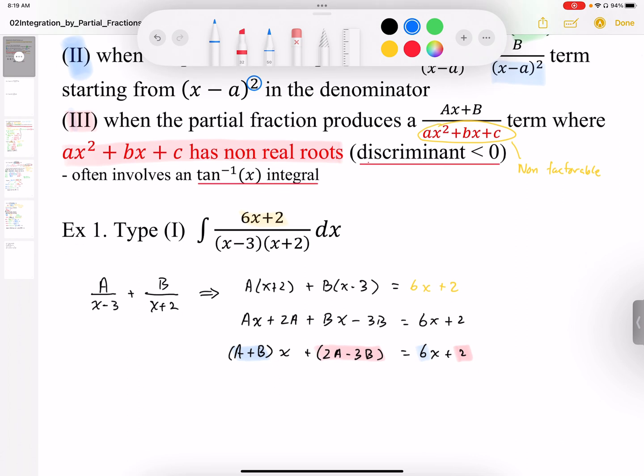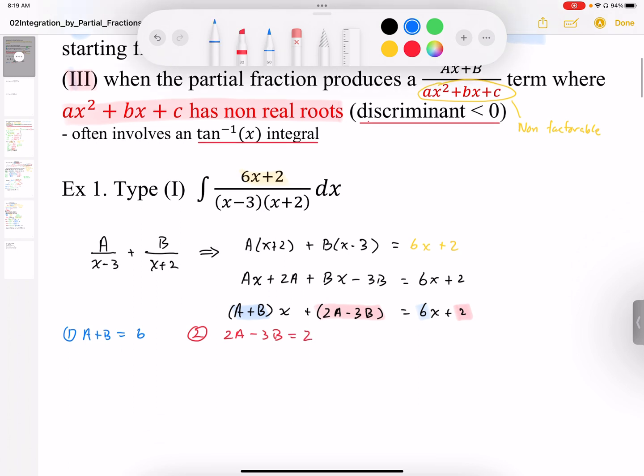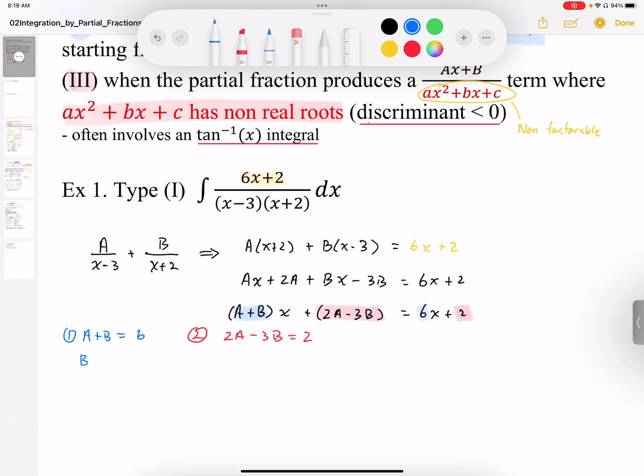I'm going to solve for this. My equation 1 is A plus B equals 6. The second equation, based on the constant, is 2A minus 3B equals 2. So I'm going to solve for B and make B equal to 6 minus A, and then I'm going to substitute for this B in the second equation.